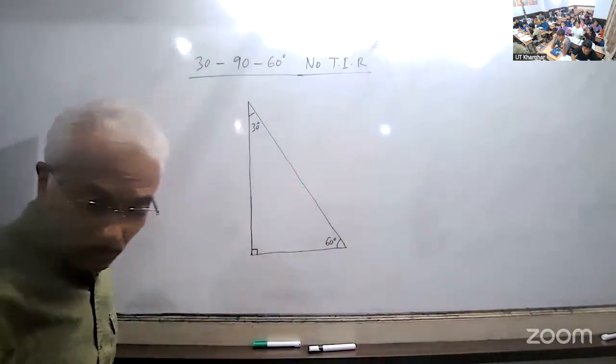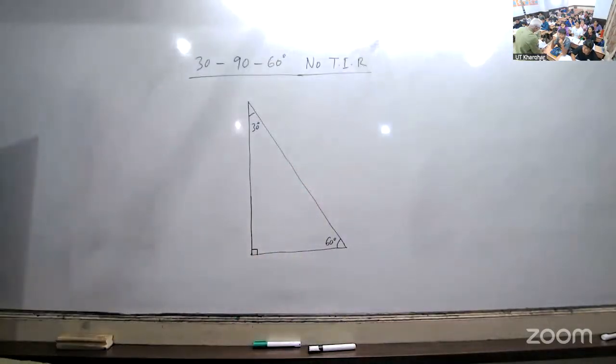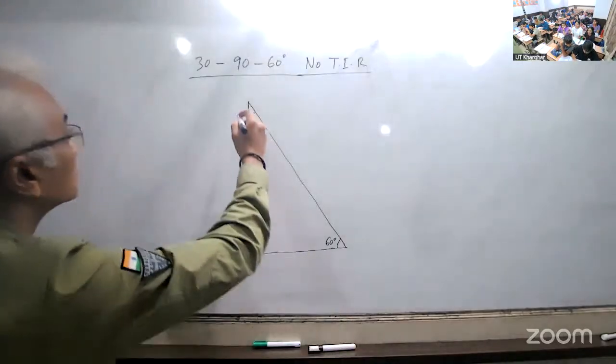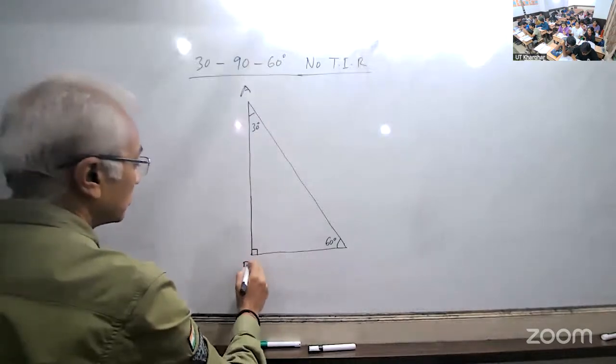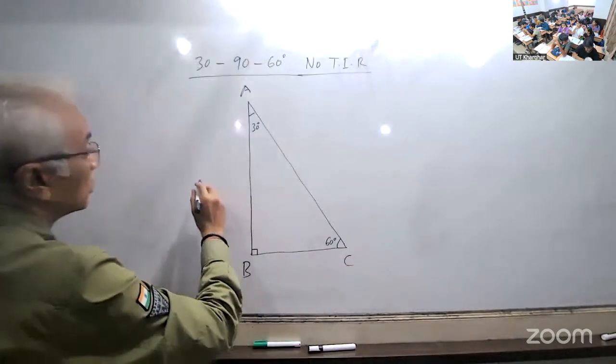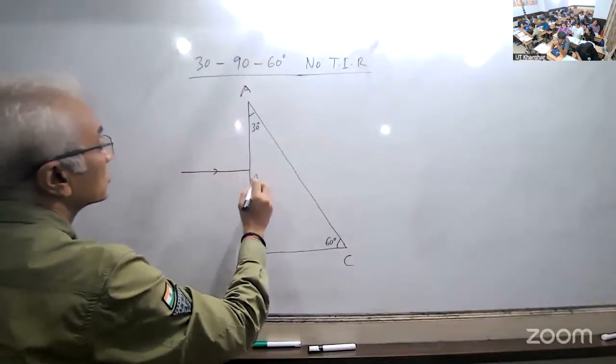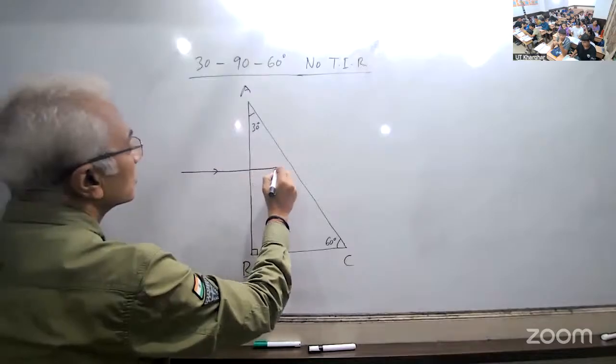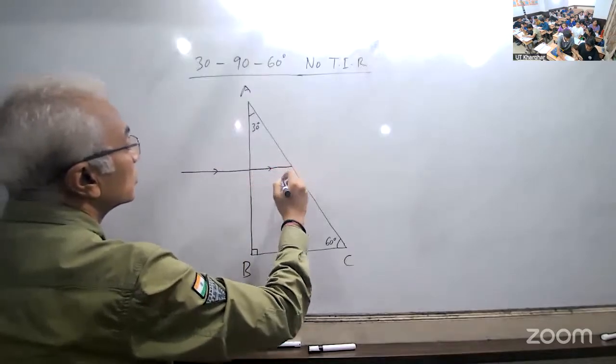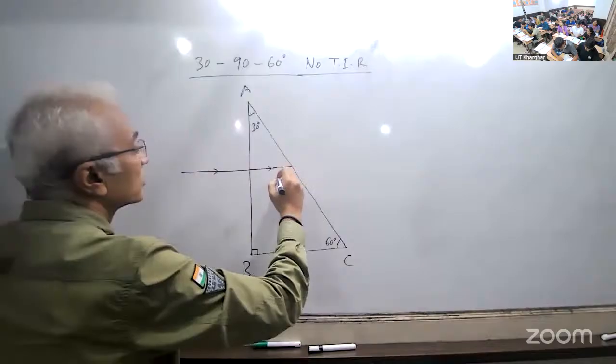If the ray is incident from this side, what is the angle of incidence here?